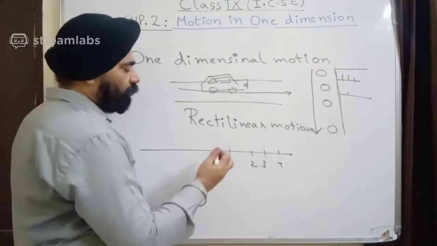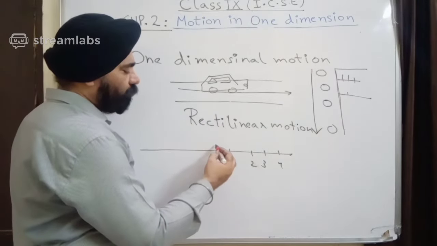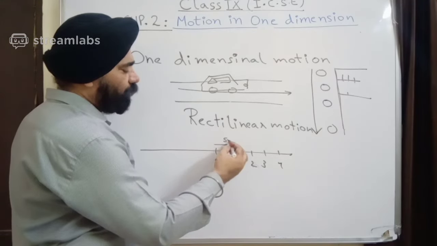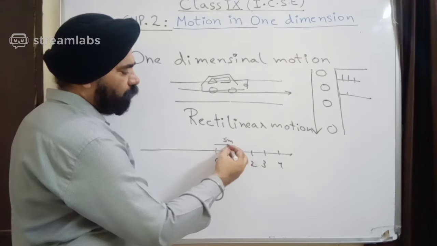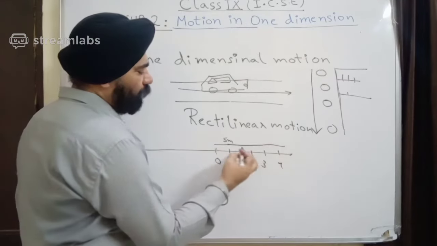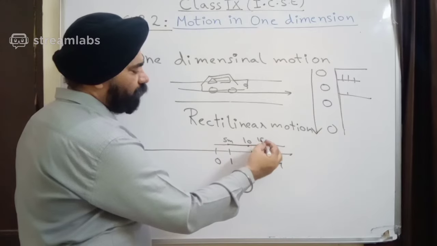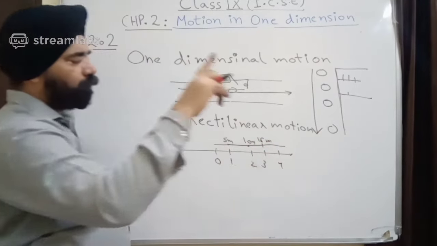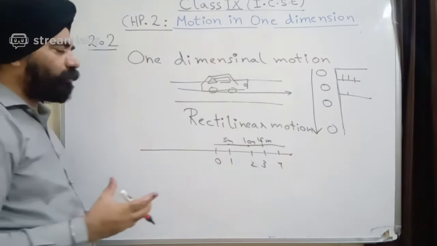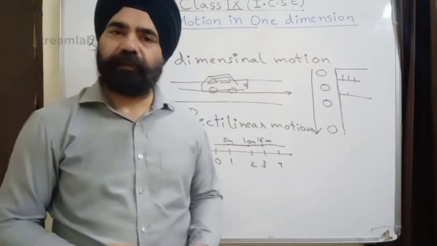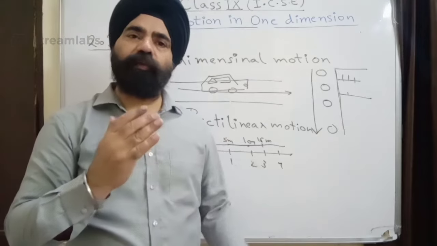If I say that after the first second the car has traveled 5 meters, so this is 1, I take an axis parallel to the x-axis. This is 5. Then it travels 10. Then it travels 15 meters. So it is traveling uniformly, covering equal distance every second. After every second, it has covered 5 meters. Got it? So this is how we can represent it.